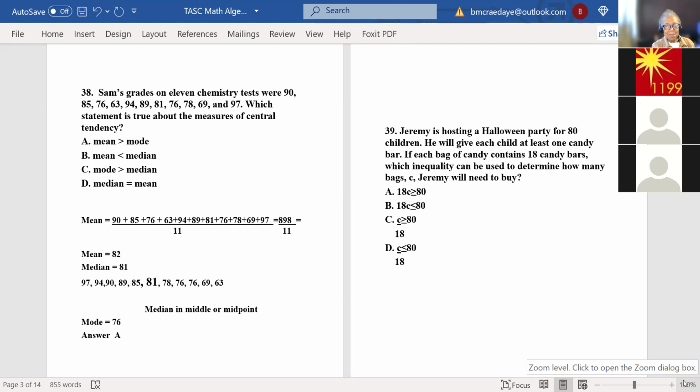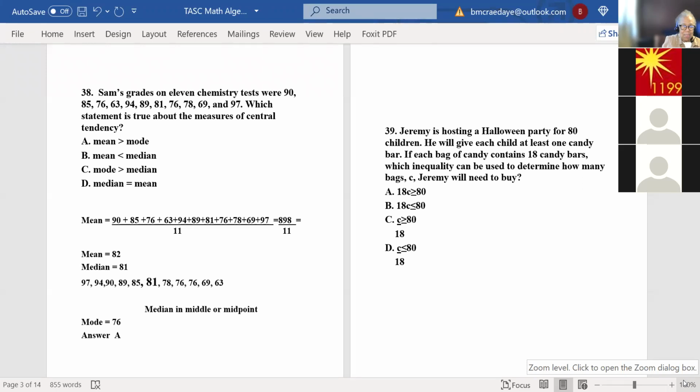Number 39. 80 children. Each child will be given at least one candy bar. A bag of candy contains 18 candy bars.